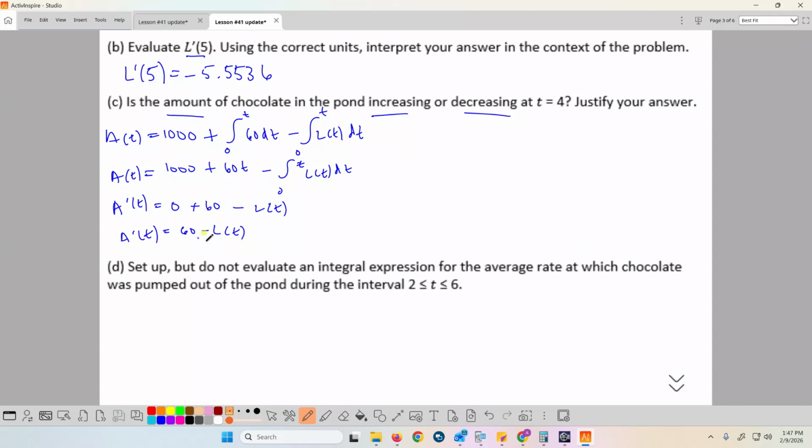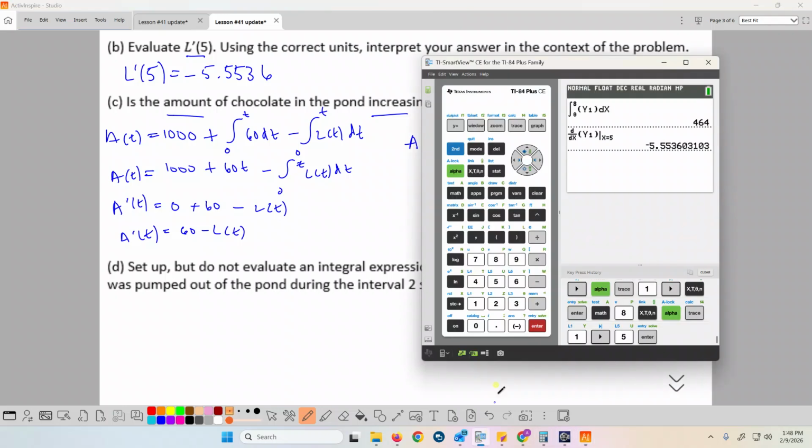Now, what we want to know is whether this derivative at 4 is positive, because that would indicate that at 4, chocolate's increasing. Or is this derivative negative, in which case it'll be decreasing? By it, I mean the chocolate in the pond. Let's plug 4 into the derivative of the amount function. I don't have that in the calculator yet, but I do have L of t as y1.